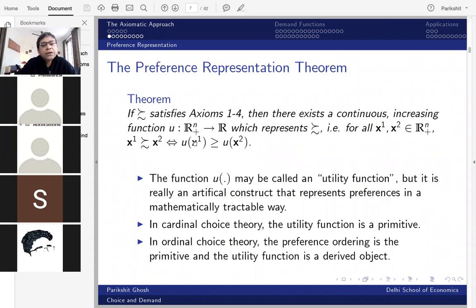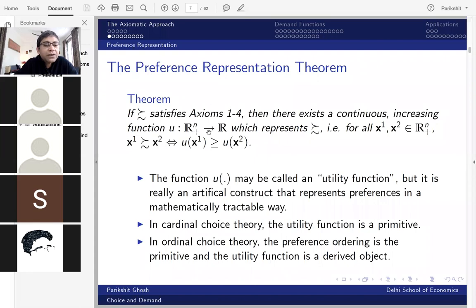Now, first of all, if the set of alternatives was finite, suppose we had 10 alternatives, instead of this whole Euclidean space and all the points in it, there were only a finite number of alternatives. Then this theorem, should we be impressed by this theorem?